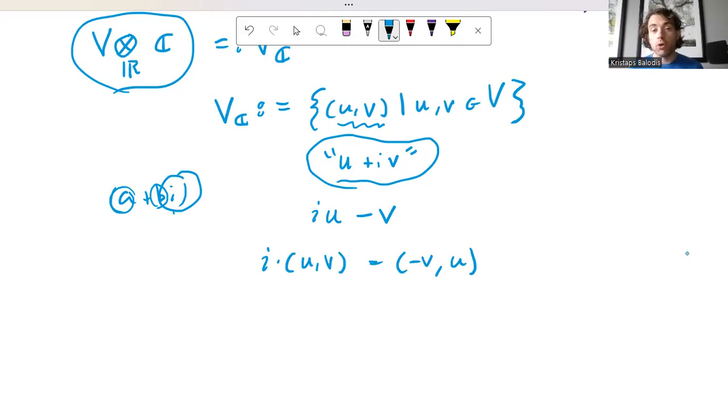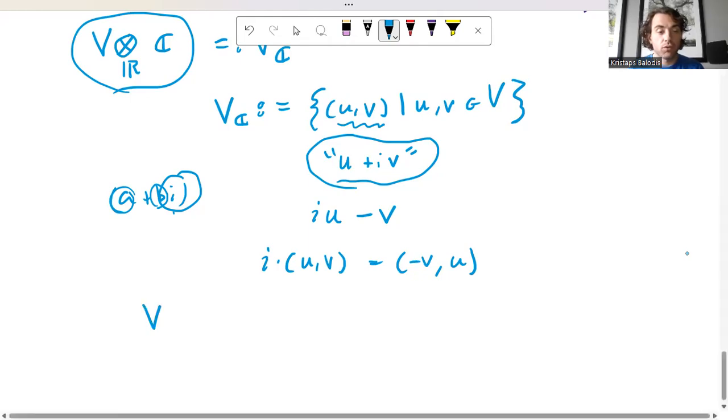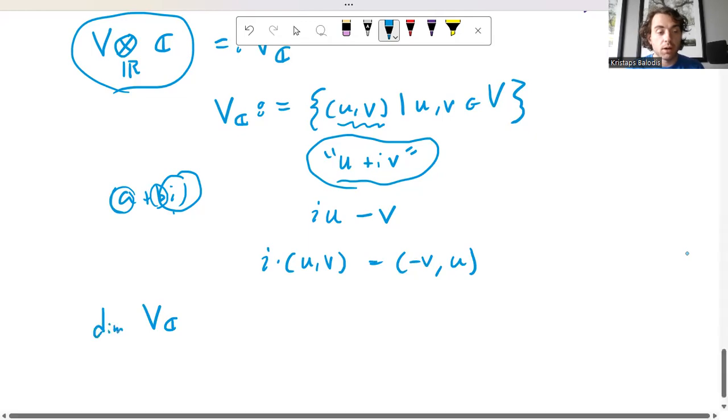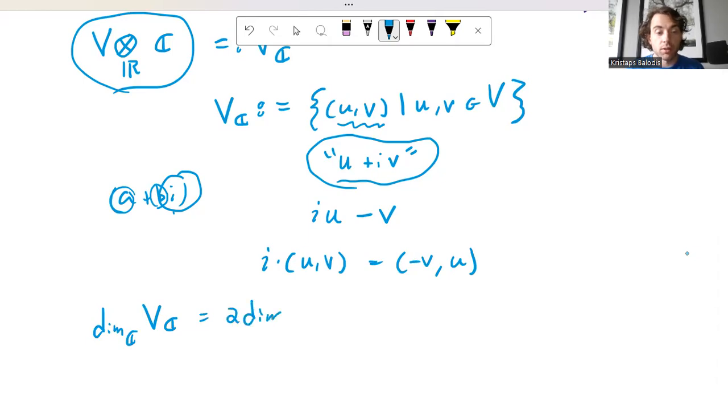So now we end up getting a complex vector space. If we have V complexification, so if we started out with a real vector space, then we would get a complex vector space which has complex dimension equal to the real dimension of V. So in fact, this is sort of a bijection.